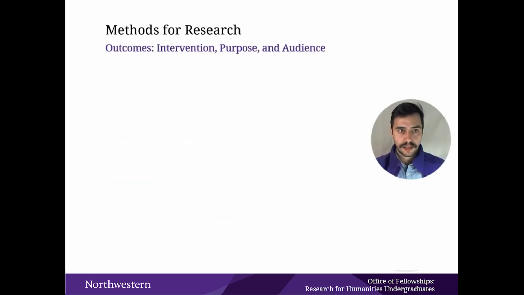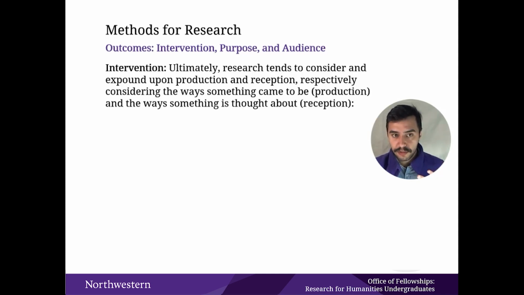And finally, considering outcomes. The labels I've thought of for thinking in terms of outcomes are intervention, purpose, and audience. Intervention largely is the research, like it says here, tends to consider and expand upon the production and reception of a thing, respectively considering how something came to be and how it is thought about.